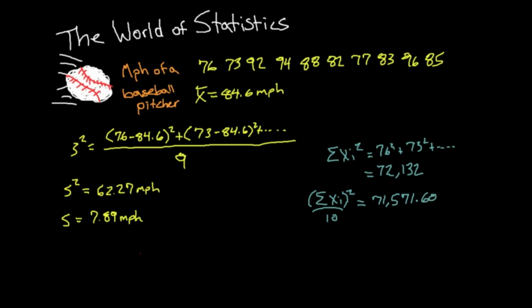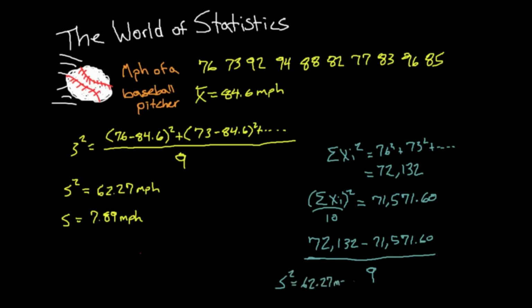Then we're going to take the subtraction of these two, 72,132 minus 71,571.6, and then we are going to divide by 9. So our s squared is equal to 62.27, and our standard deviation is the same, 7.89 miles per hour.